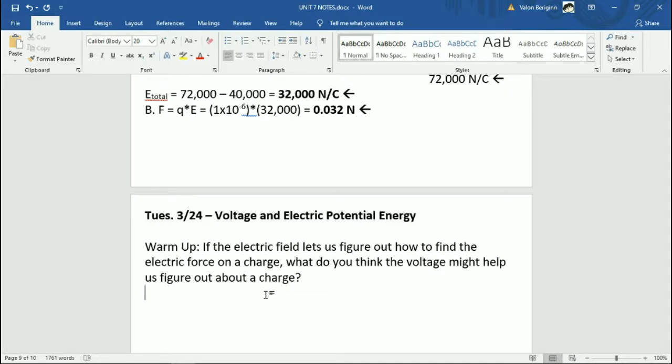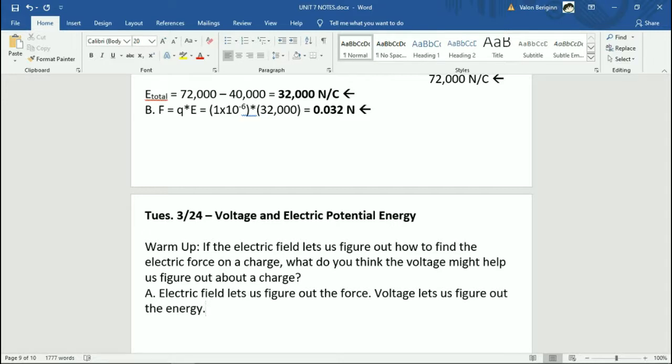Okay, so you may be able to see the pattern here. The whole idea is that electric field lets us figure out the force. And then the thing with the voltage is that the voltage lets us figure out the energy. Okay, that's the connection.